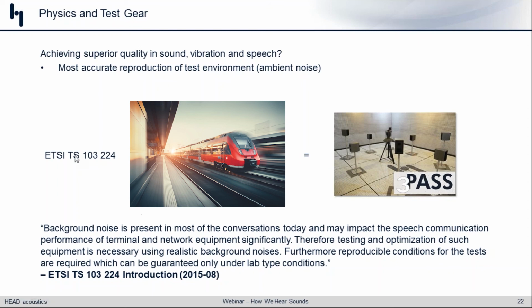And one of those is the ETSI TS 103 224 standard that basically creates a background noise sound field that not only is able to reproduce the magnitude over frequency out to 20K, but also has methods in there that allow you to equalize the phase information out to about 1.5 or 2 kilohertz, giving you more of that spatial information. So it would be as if you were standing, let's say, at a train station or in the woods and a tree falls down.